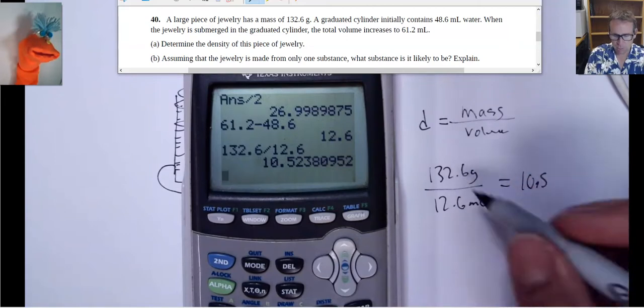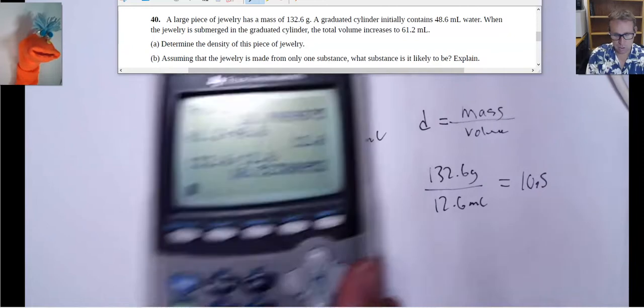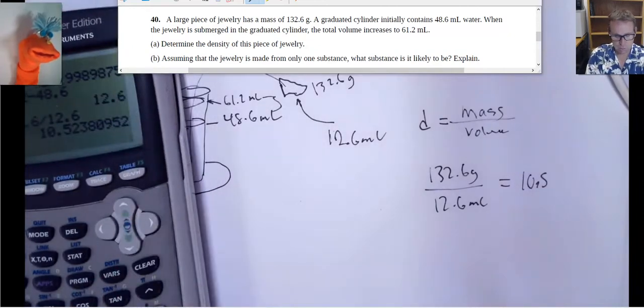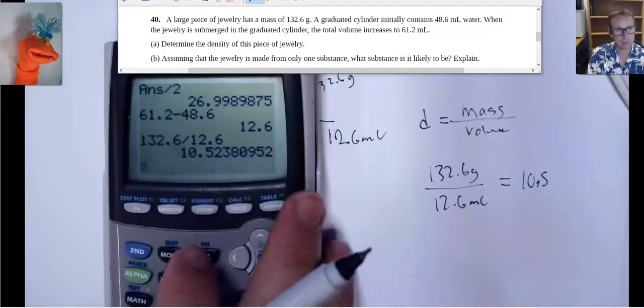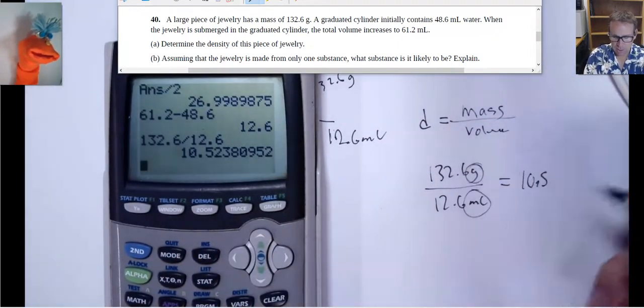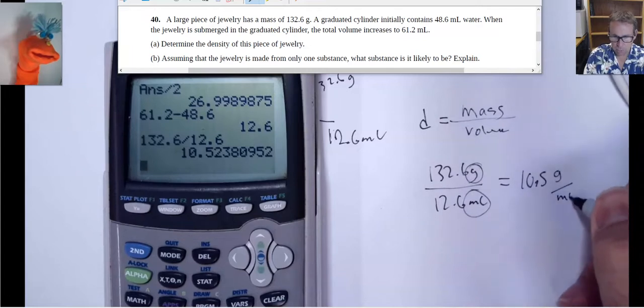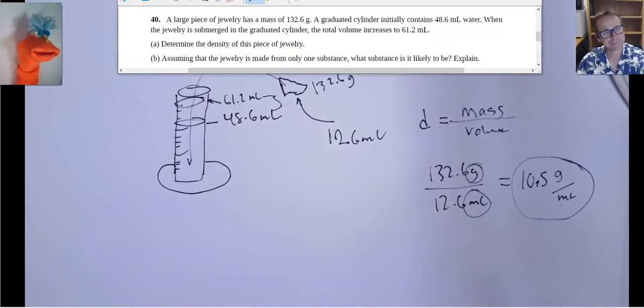I have three significant figures. Let's see, did I do that right? 12.6. That's three significant figures. I have three significant figures to deal with here, so 10.5. And the units now have to be maintained, units of grams per milliliter. So that is the density of the piece of jewelry.